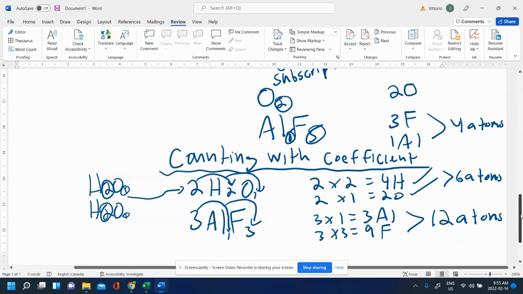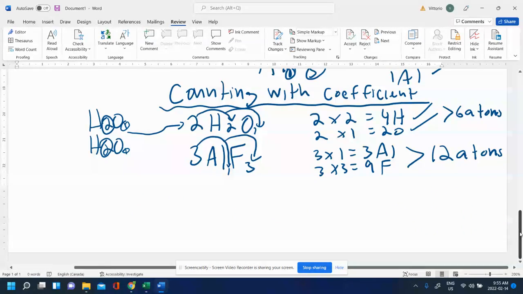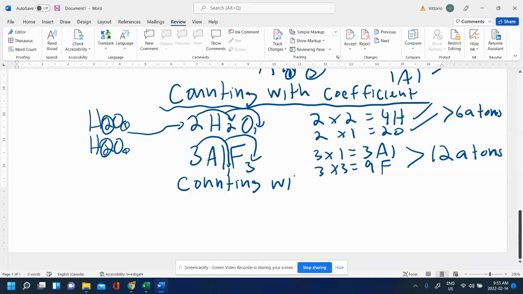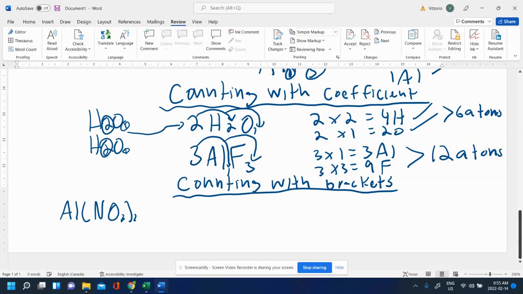Now we'll see one more layer here, and this is called counting with brackets. Sometimes the compounds that you have will have brackets in them. So, Al(NO3)3. What happens when you have brackets is that anything on the inside of the bracket is multiplied by the subscript on the outside.